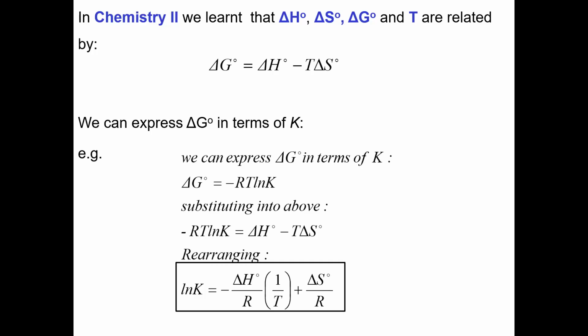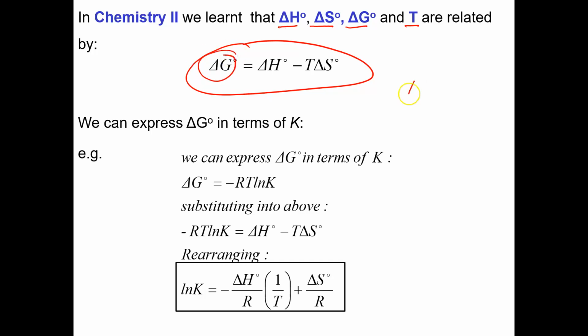In Chemistry 2, we learned that enthalpy changes, entropy changes, Gibbs free energy changes, and temperature are all related by this equation: delta G equals delta H minus T delta S. But now we know that delta G is equal to minus RT log K. So now we can insert minus RT log K wherever delta G occurs.